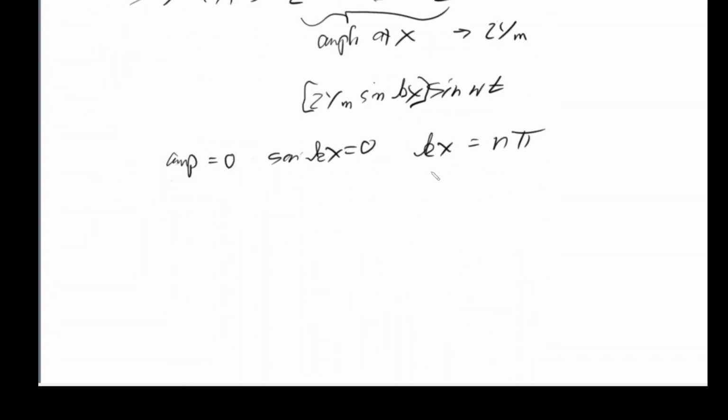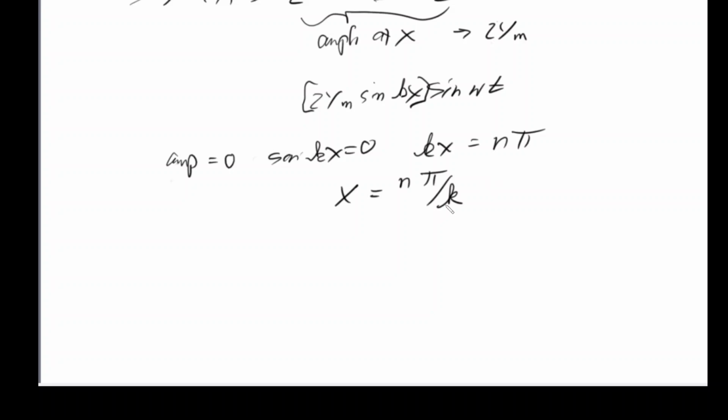So that would mean that x is equal to n times pi over k. So this gives us the position of the nodes where the amplitude is 0.